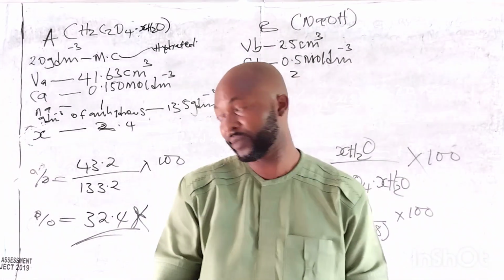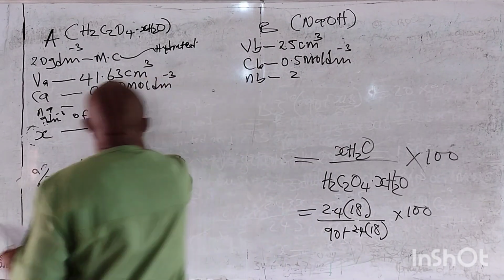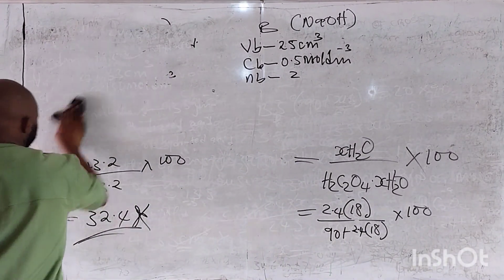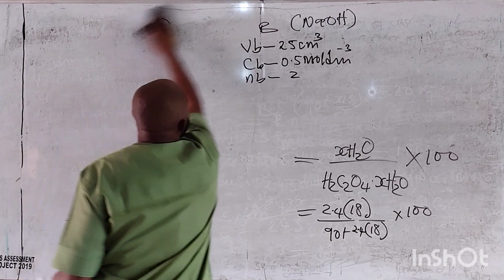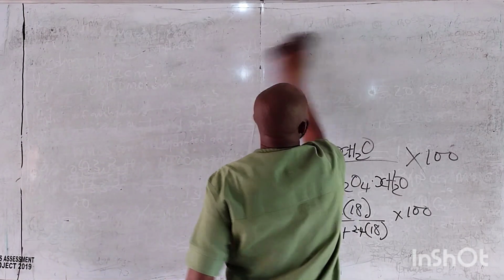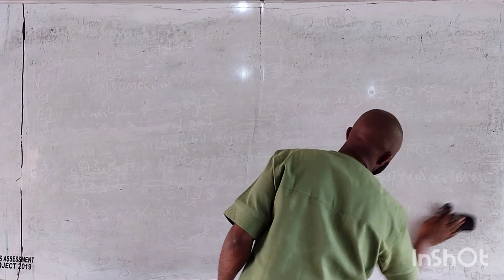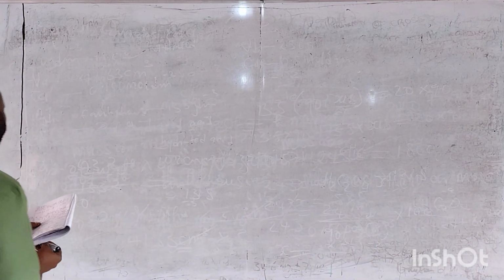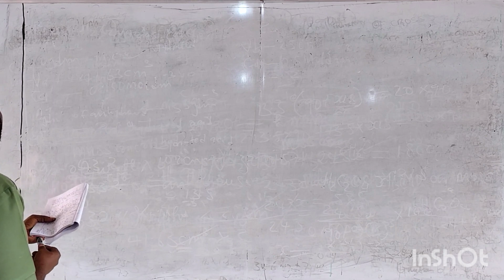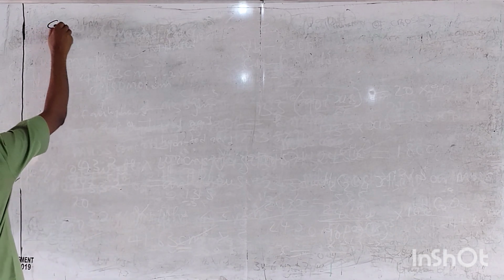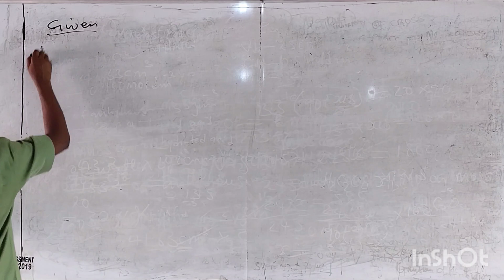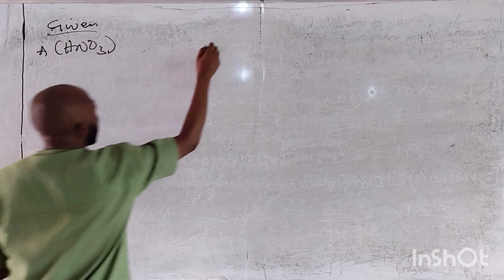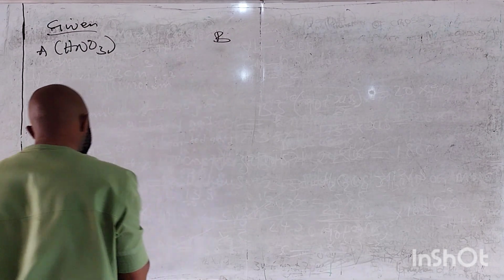So let's start with our given. They say A is trioxonitrate(V) acid, so this is my given. A is HNO3, and B, what did I say is B?